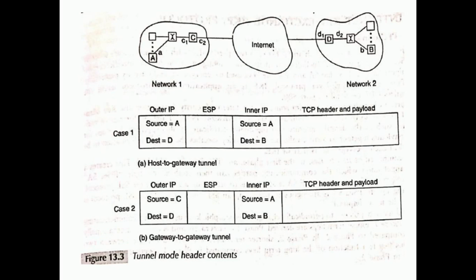So now in this figure, we'll see how host to gateway communication and gateway to gateway communication take place by using the tunnel mode. Now consider the communication between the two hosts A and B, which are available on different networks, network 1 and network 2, communicating over the internet.